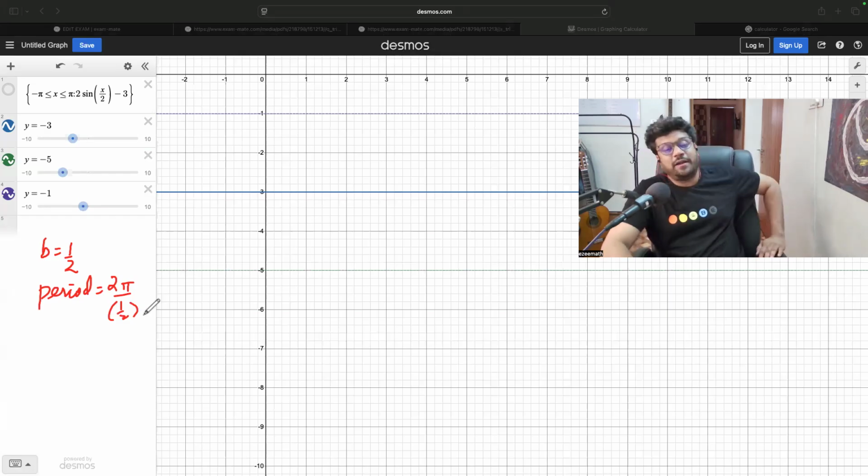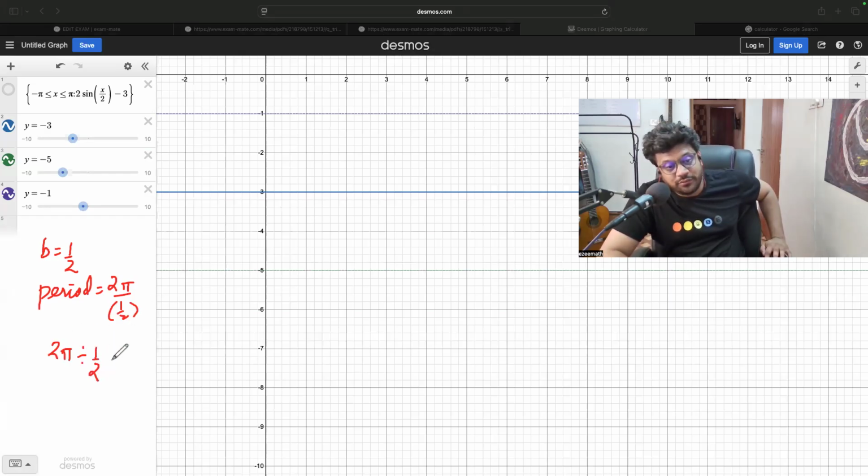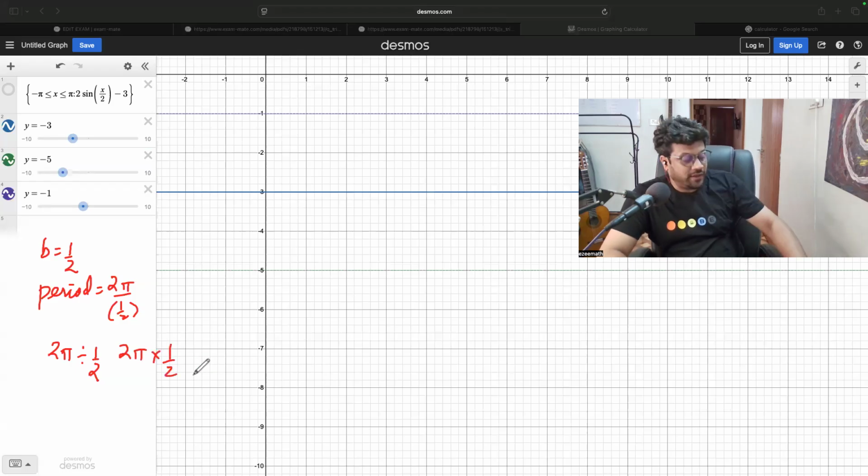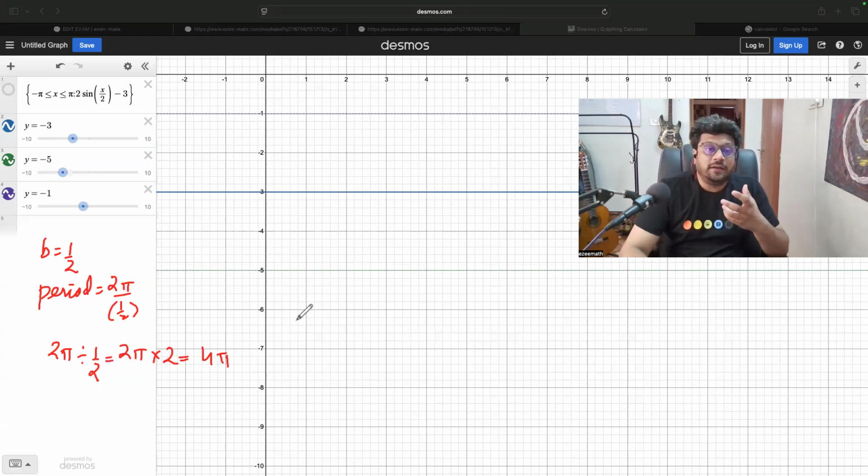Well, 2 pi divided by 1 by 2 is 2 pi multiplied by, sorry, multiplied by 2. That's 4 pi. 4 pi is the period for this curve.